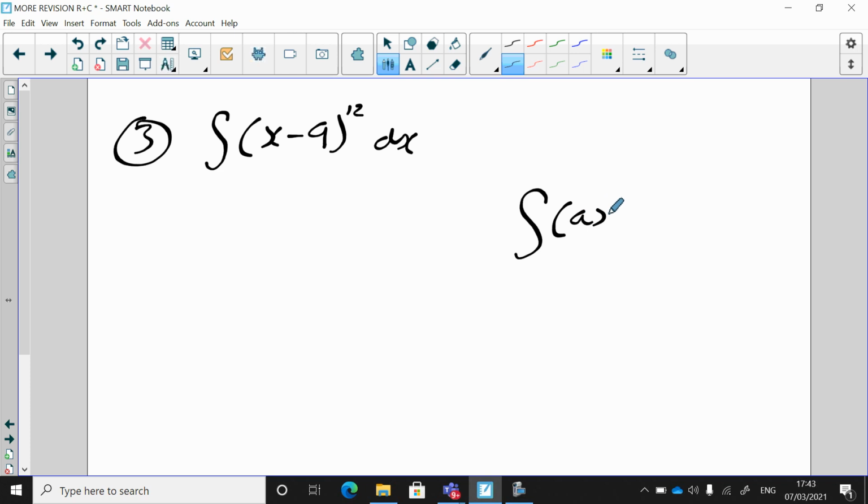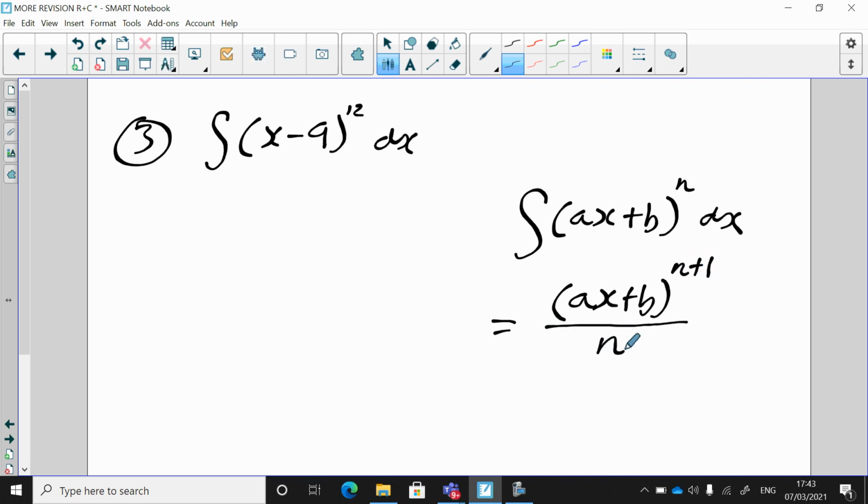That looks like ax plus b to the n with respect to x. According to your formula sheet, don't touch the contents of the bracket, but raise the power by 1 and divide by the new power, but also multiply by the derivative, or the number in front of x, if you want to call it that. Plus c.